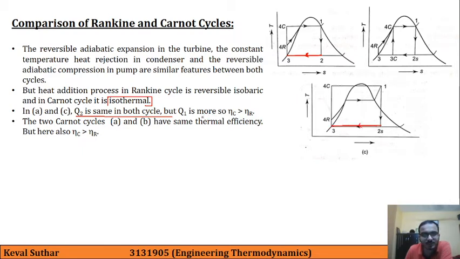But here Q1 is more, that is this portion that is being added. Here the Q1 value, that is the heat addition value, is more. That's why the Carnot efficiency is more than the Rankine efficiency.